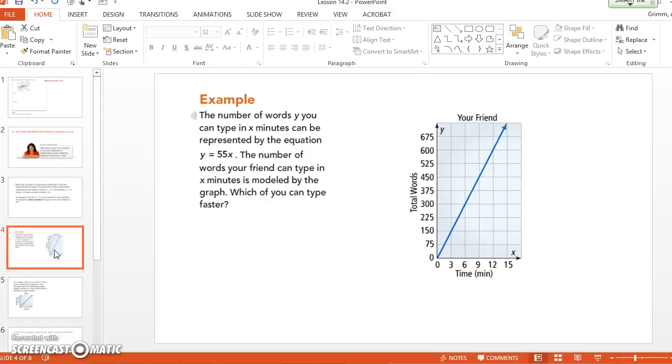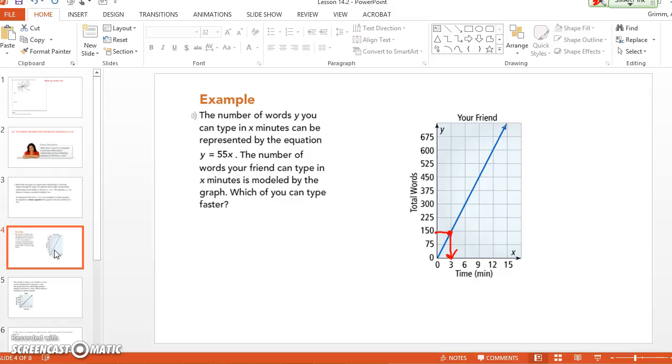The number of words your friend can type in x minutes is modeled by the graph. Which of you can type faster? So let's start by writing an equation for our graph. How can we write an equation for this graph, based on all the things we've been doing? Eric. Well, I saw that 3 and 150 line up, so I find the constant of proportionality in that. Yep.